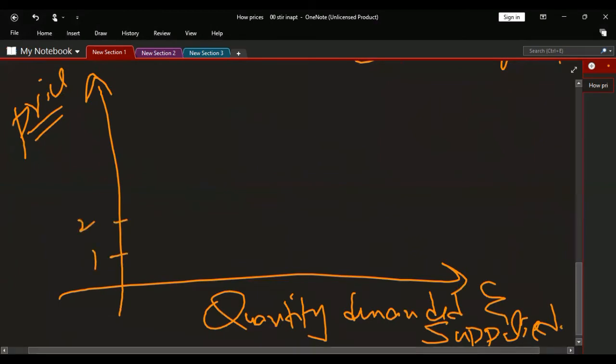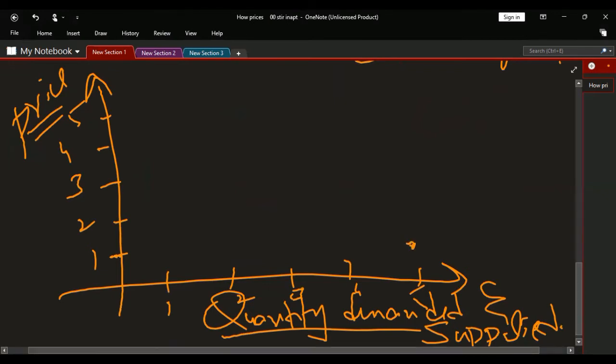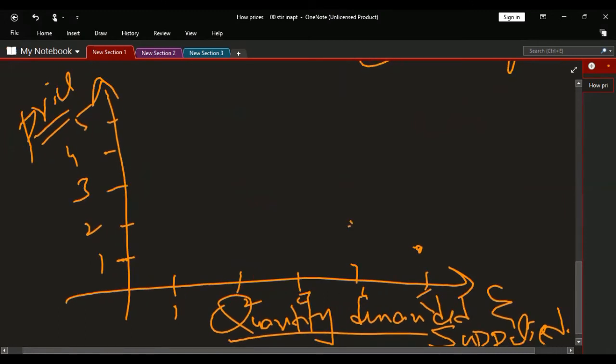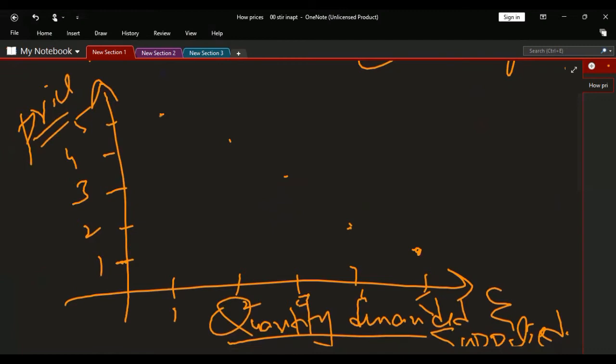Prices 1, 2, 3, 4, 5, and demand and supply is also 1, 2, 3, 4, 5. Firstly, we are plotting the quantity demanded. At price 1, it is 5, then it is 4, 3. At price 3, it is 3. At price 4, it is 2. And at price 5, it is 1.